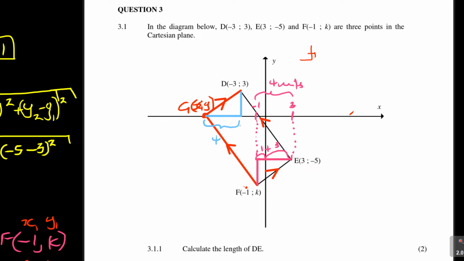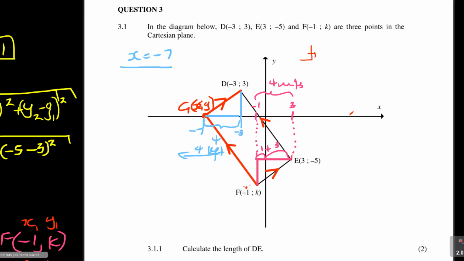The question is, what is this point? It's -3. So if I go 4 units to the left, this point is going to be -7. So you see, there is the x value. Here x is equal to -7.